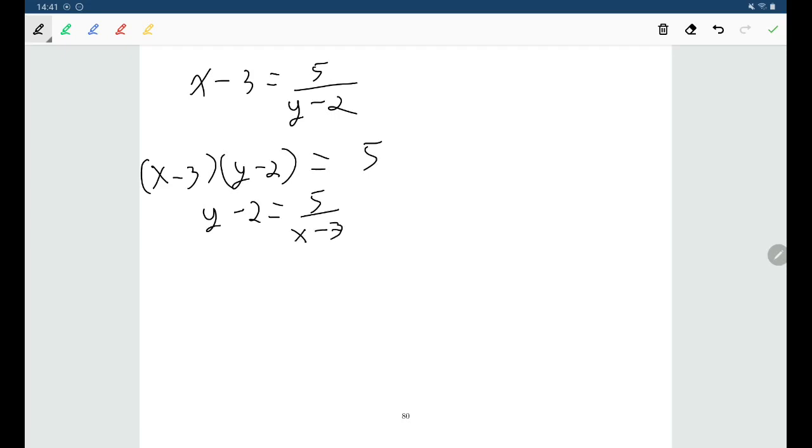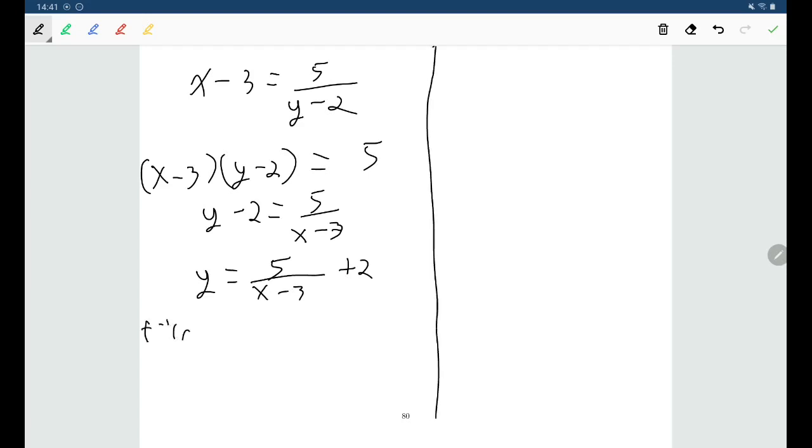And I'll bring the 2 over to the other side. And there we go. We can say that f inverse should be 5 over x minus 3 plus 2.